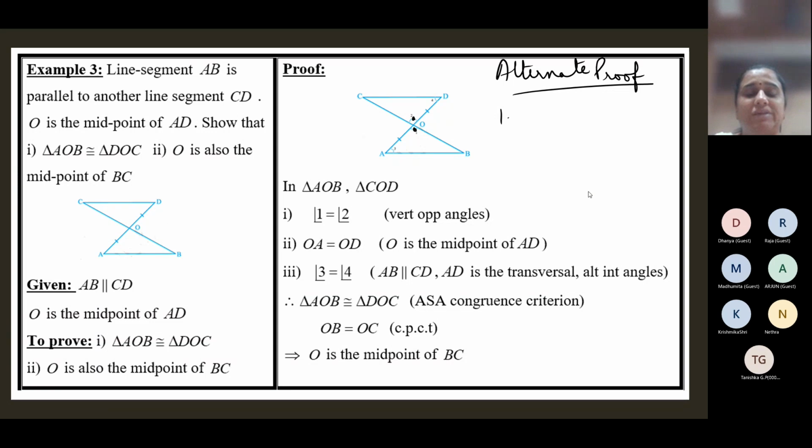I'll just get back, children. Please write down this in your notebook. We have not written this, right? We only understood this in the last class. Am I right? Yes, ma'am. Please write down, children. I'll also give you the alternate proof. Please write.